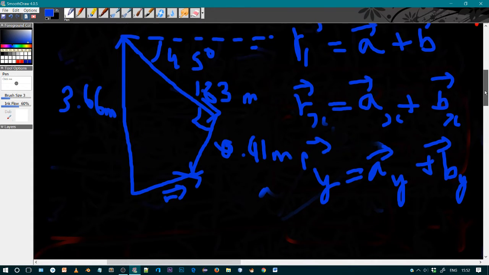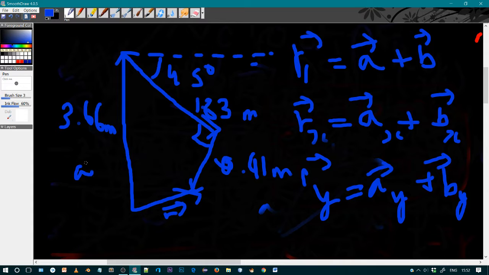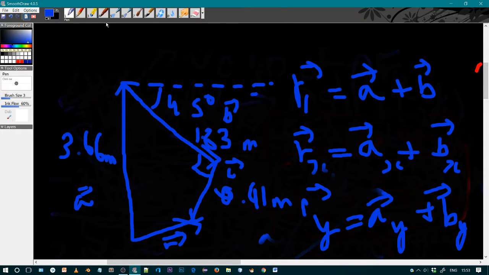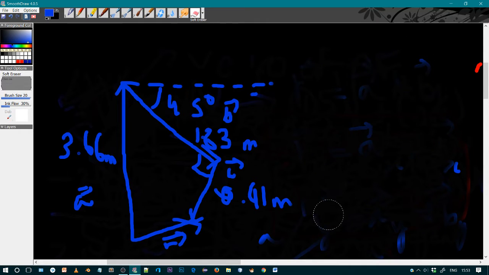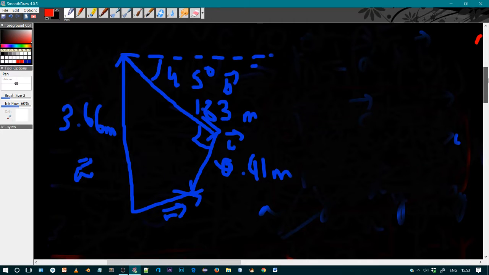So first, let's name these vectors a, b, and c. I'm gonna erase this and change the color of my pen to red, because I normally make videos with red since it's bright.